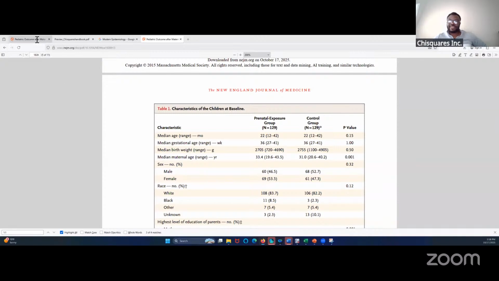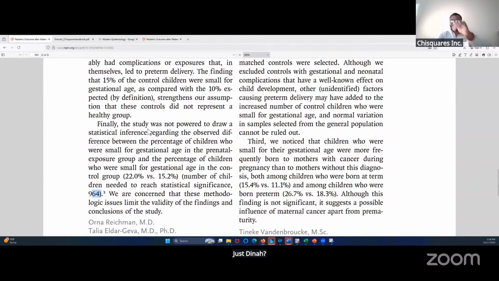Yes, Diana? Oh. I think it's a type 2 error of where you fail to reject the null hypothesis because your sample size is small. Excellent. So it's a type 2 statistical error.